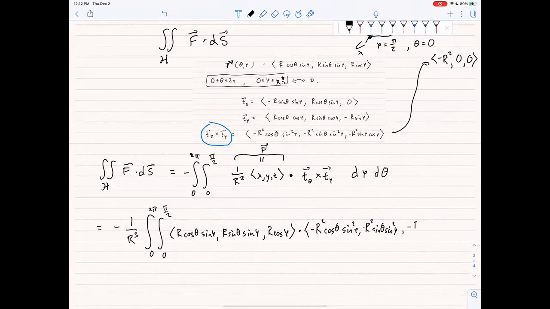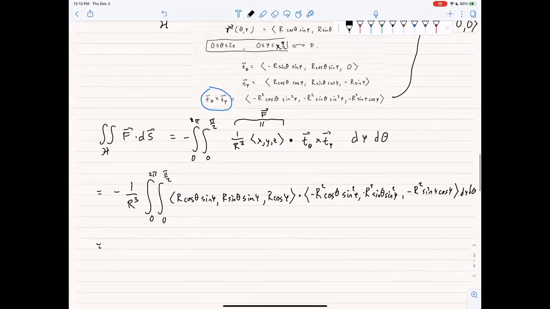So I get minus r squared sine phi cosine phi, d phi d theta. Now you notice you can pull this r out of this whole thing, and you can pull a minus r squared out of this whole thing. And if I do that, I get a negative r cubed, and I can cancel with this leading term.